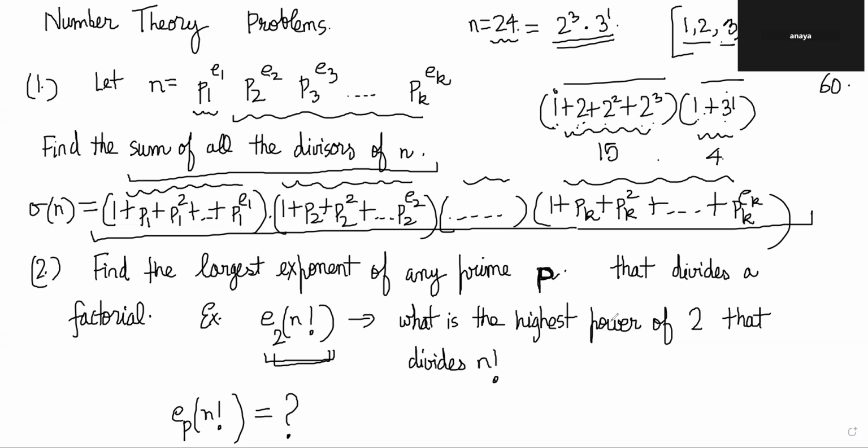Highest power of 2 that divides n factorial. So the answer to this question would be E2 of n factorial. Similarly, you can generate E3 of n factorial and E5 of n factorial. We want the general expression for Ep of n factorial.